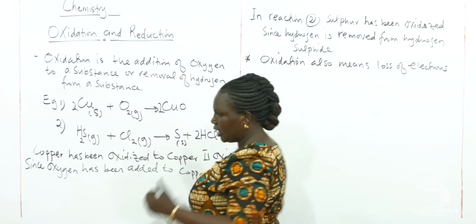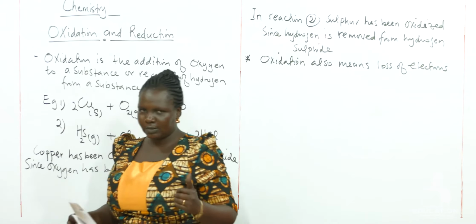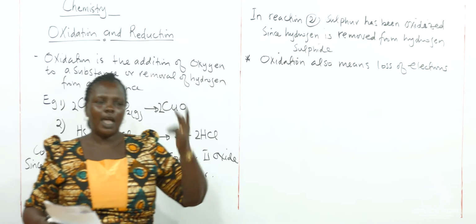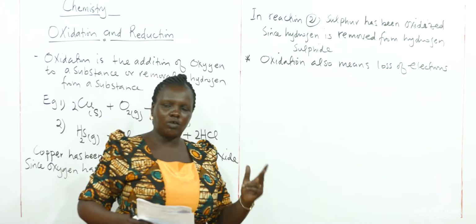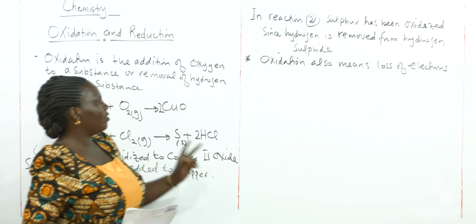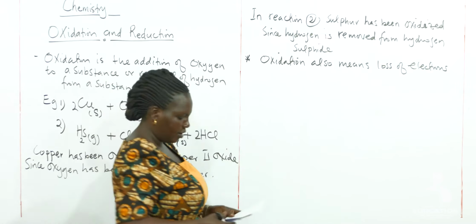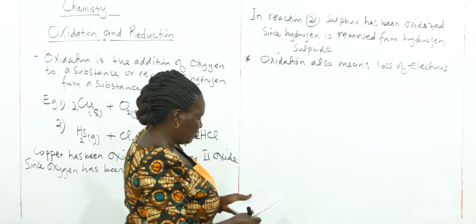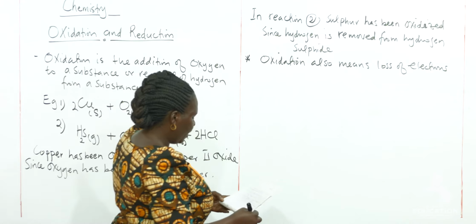So oxidation can be addition of oxygen to a substance, removal of hydrogen from a substance, then loss of electrons from a substance. In these three cases, oxidation can take place. So oxidation means loss of electrons from a substance.